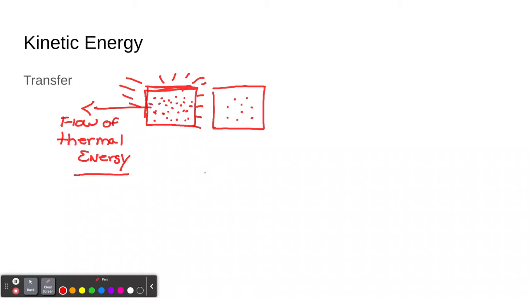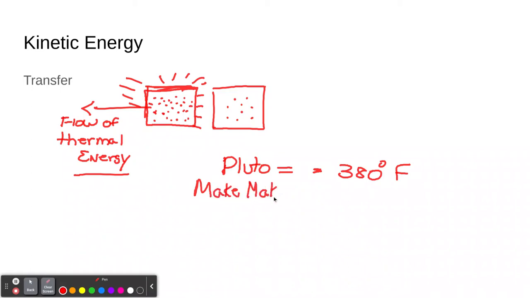So for example, let's say, our little friend Pluto, used to be a planet. On Pluto, the average temperature could be negative about 380 degrees Fahrenheit. That's pretty cold, right? And on Makemake, which is a dwarf planet even further out in our solar system, it can get to negative 406 degrees Fahrenheit, generally.